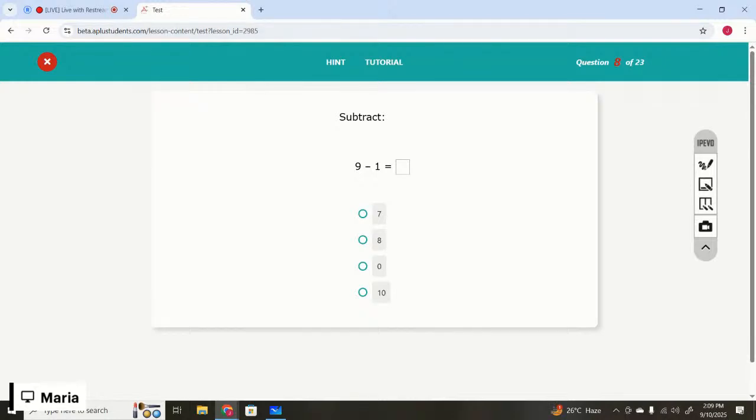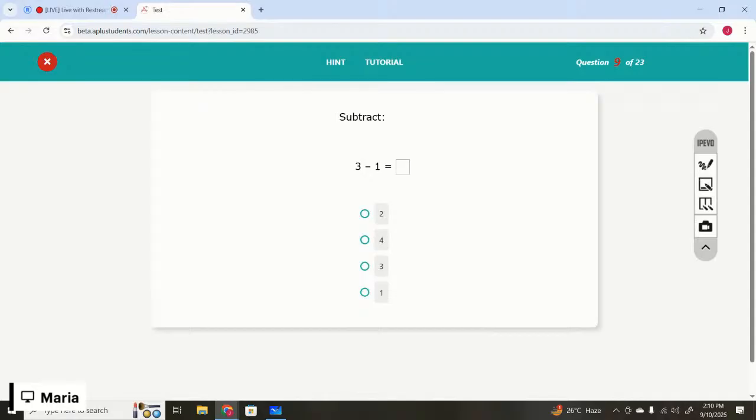Nine take away 1 is 8. You just have to go back by one digit. So 9 minus 1 is 8. 3 take away 1 is 2.